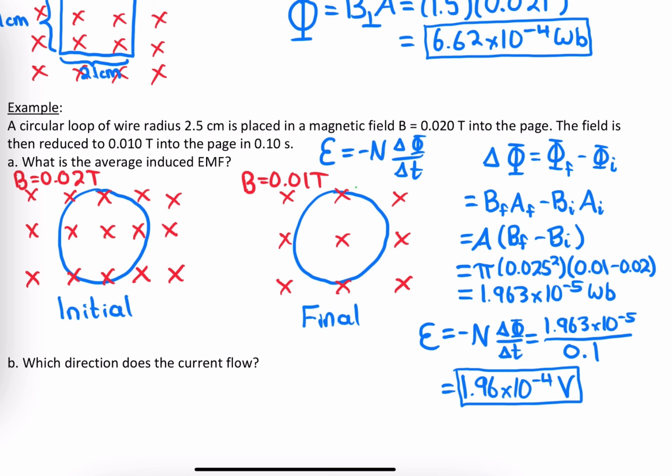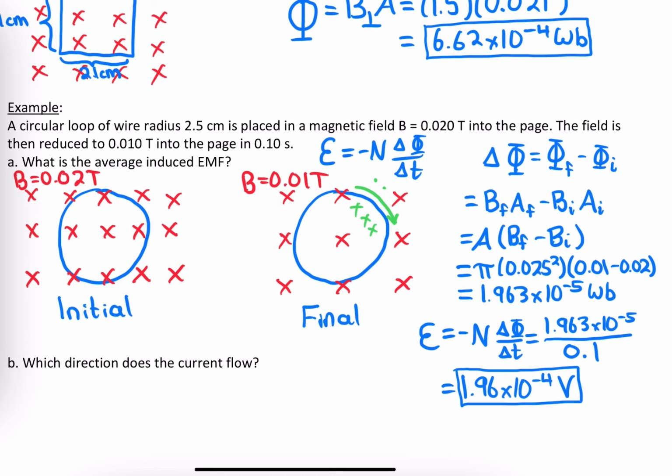So if I run current in this direction, that would create a magnetic field that gives me X's over here inside the loop and dots over here outside the loop. It's the inside of the loop that I always care about. That's where I'm interested in the change in flux.